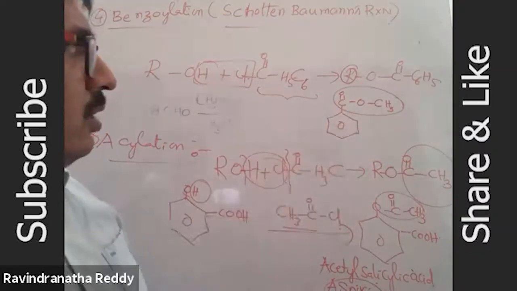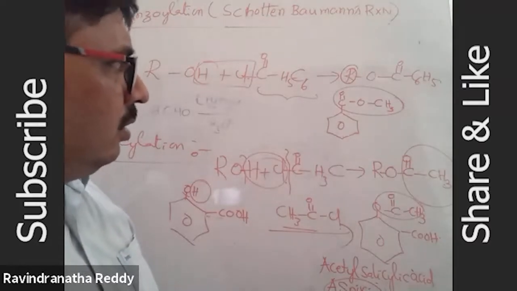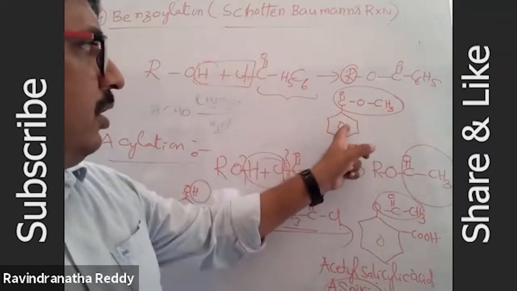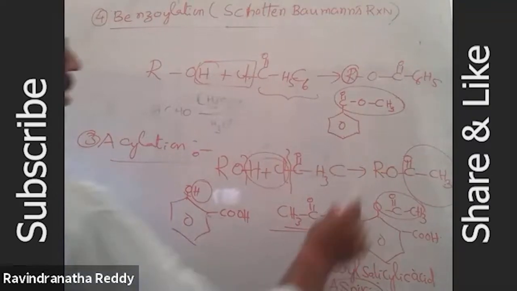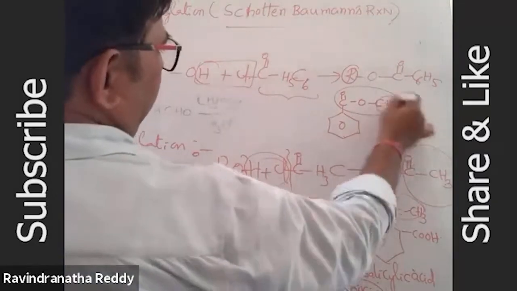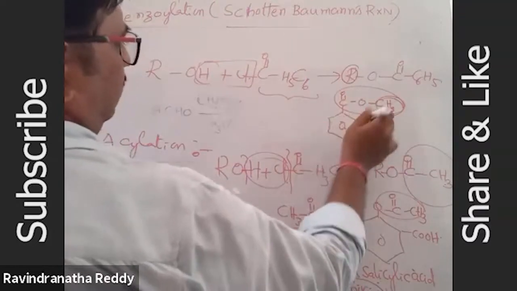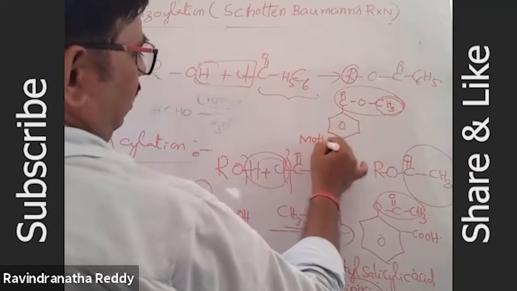ROCOC6H5: a special name will come. What is the name? Alkyl benzene carboxylate. Suppose R is equal to CH3, that is called methyl.